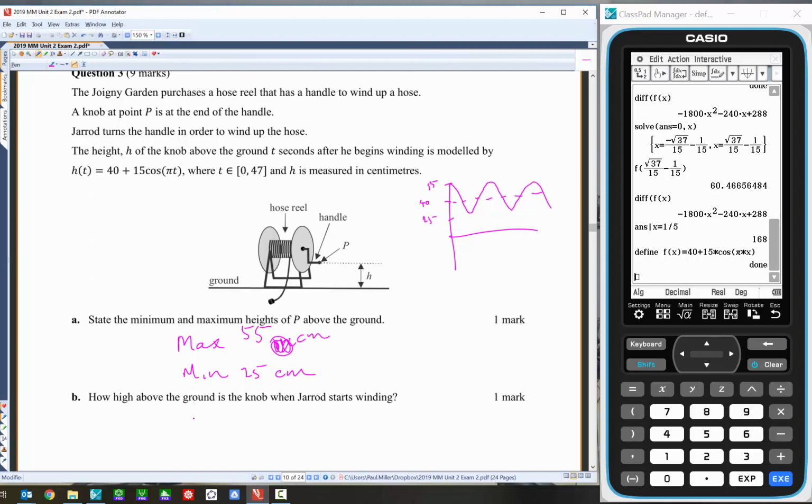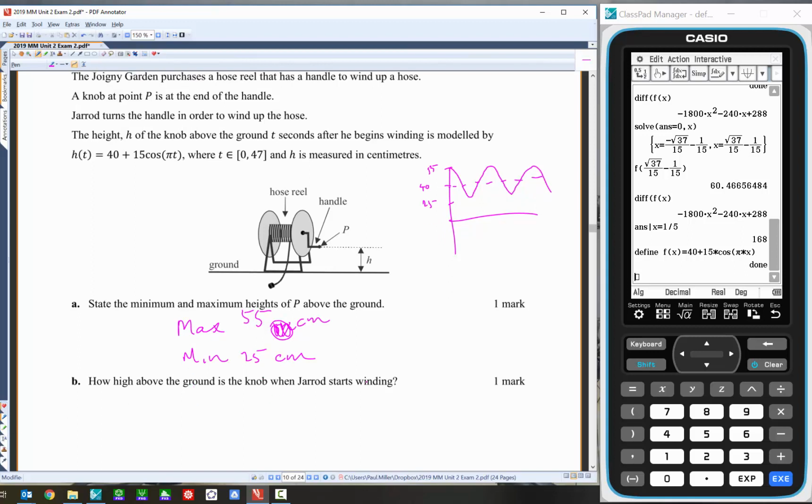How high above the ground is the knob when Jared starts winding? The knob is at point P. We're not going to assume that's the position, so let me note that it occurs when I put 0 into the function.